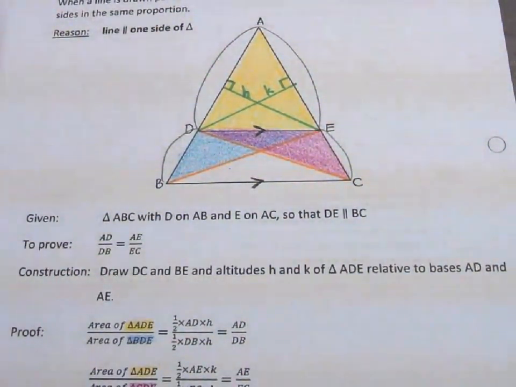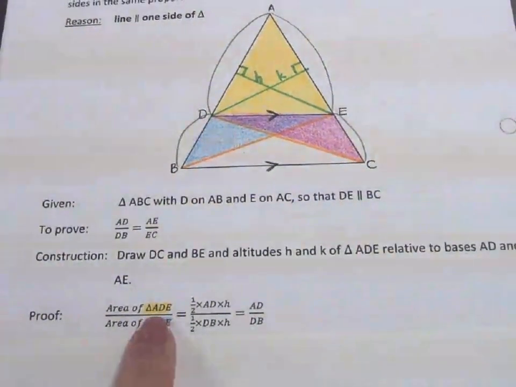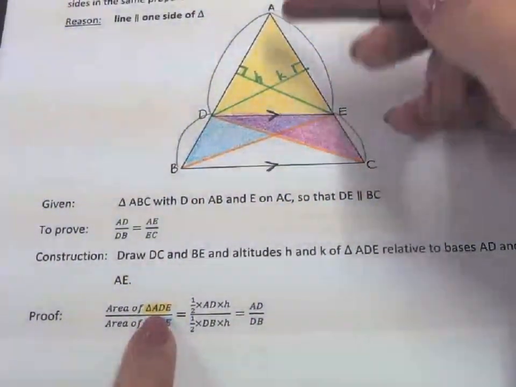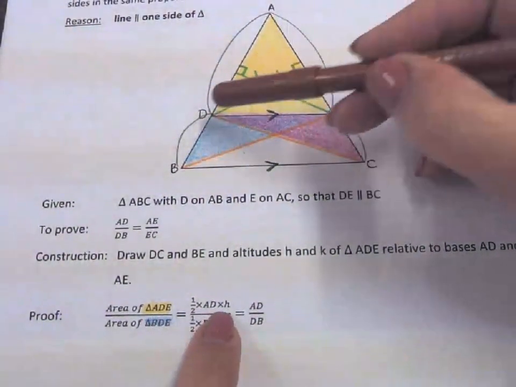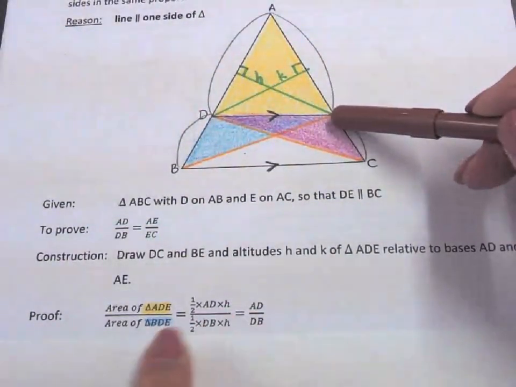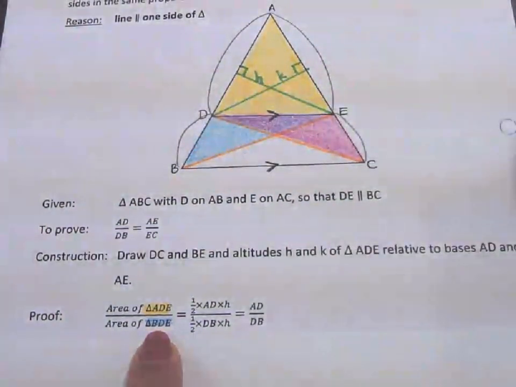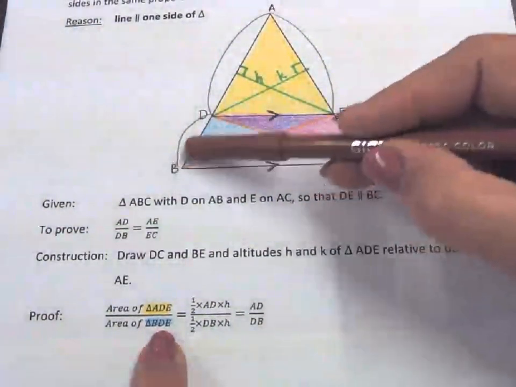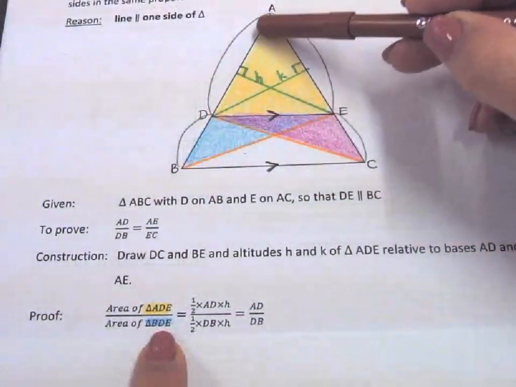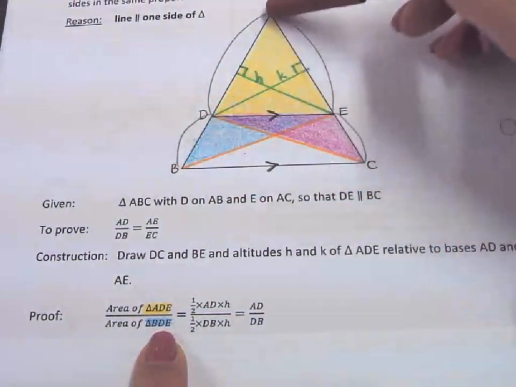Do you all follow? Okay. The area of the yellow triangle is half times base times perpendicular height, the H. The area of the blue triangle is half times base, it's BD, but it's extended, so that's the perpendicular height on BD.